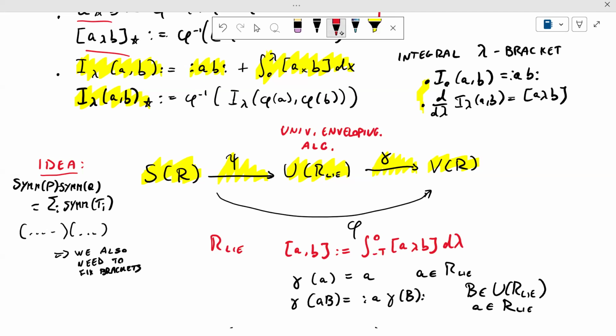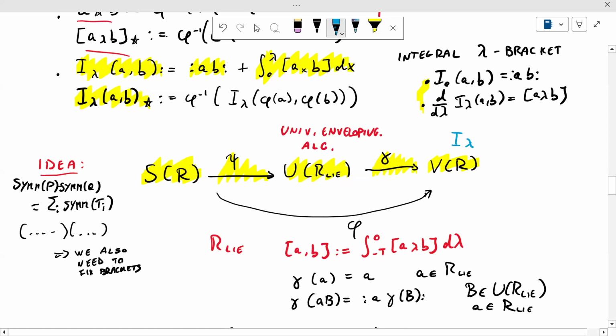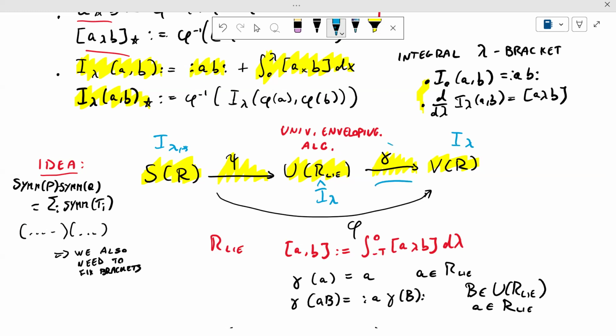So if we have our integral lambda bracket here, and here it will give us the star lambda bracket, we can consider a thing in between. We could call it a lambda cap, which will be the pullback along gamma of this integral lambda bracket. So this is the first step, in which we fix the associators.